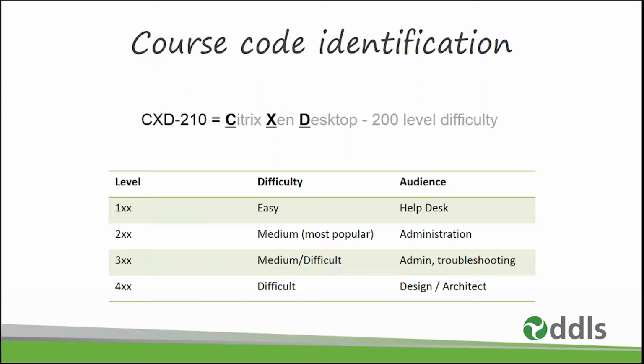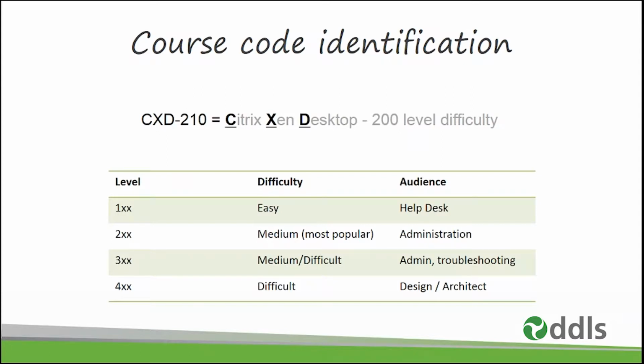The 200 level courses, which are our most popular, are medium in difficulty, and they are aimed at general day-to-day duties and administering and overseeing your Citrix infrastructure. The 300 level courses are a bit more difficult, and are aimed at administrators and those looking to troubleshoot the infrastructure they're running at the moment.